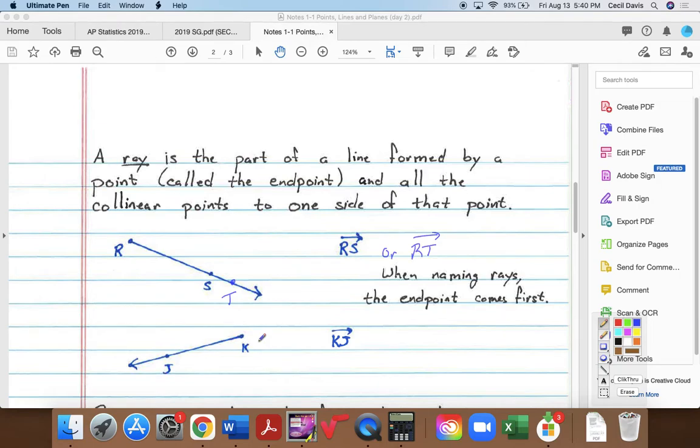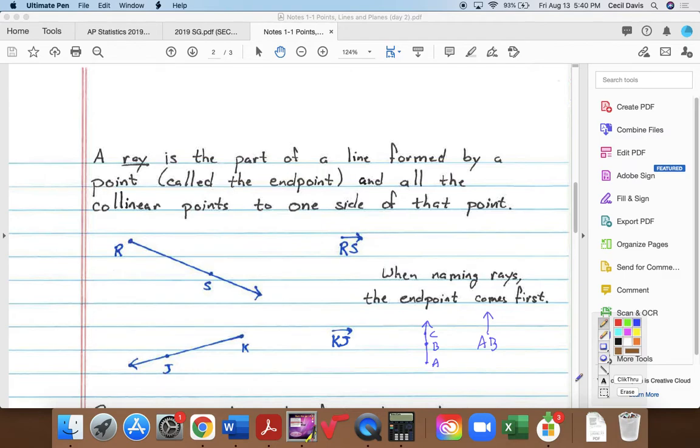Also notice that even if a ray points to the left, we're always going to put the end point first, then the point that it goes through second. That's because we read from left to right. I suppose you could try and do this, but then what if you had a ray that looked like this? Are you going to start drawing it like this is ray AB?